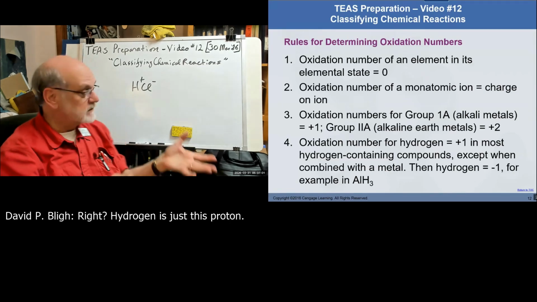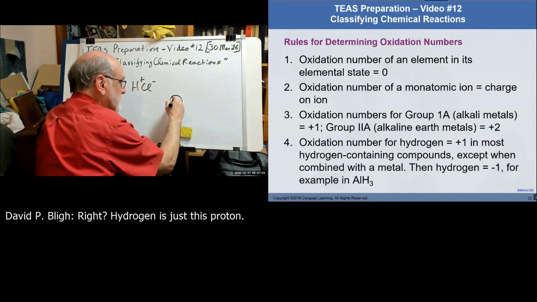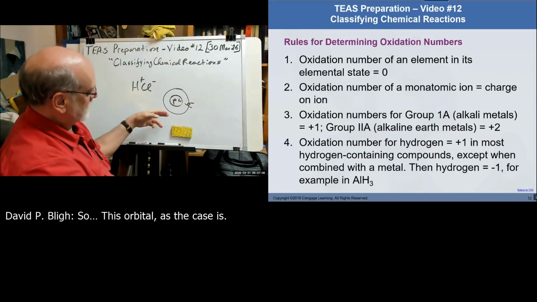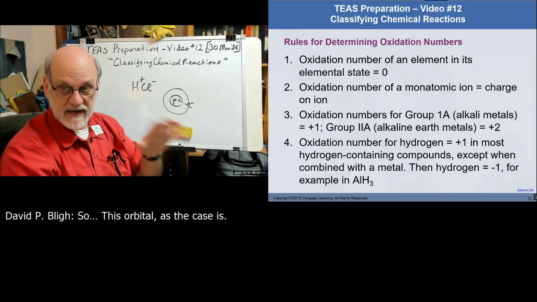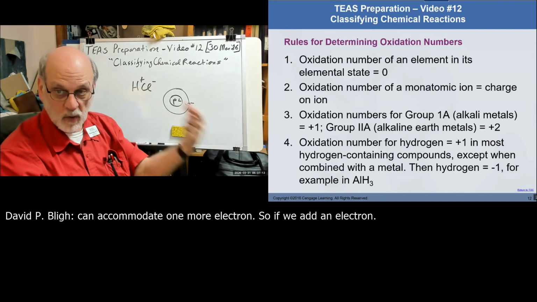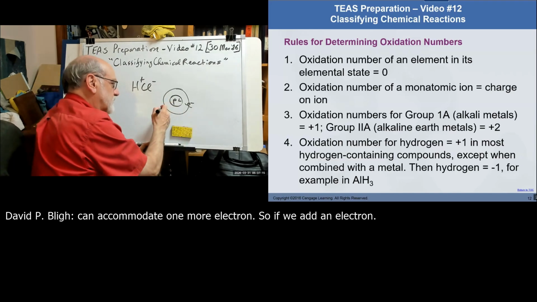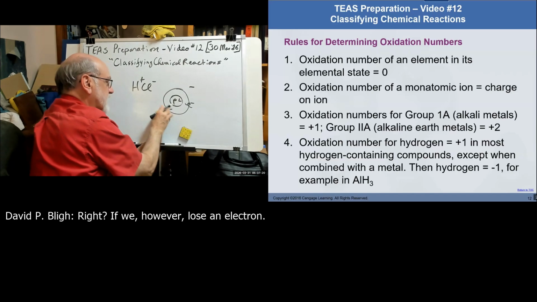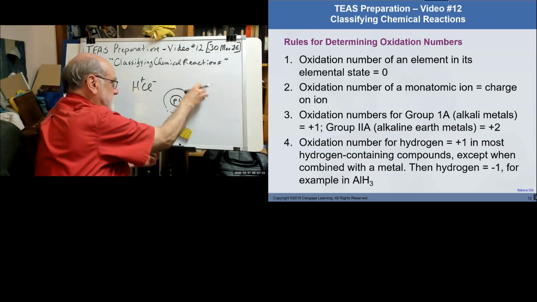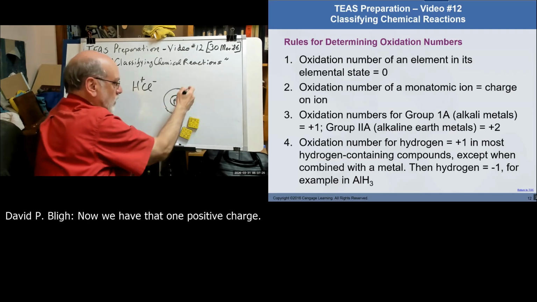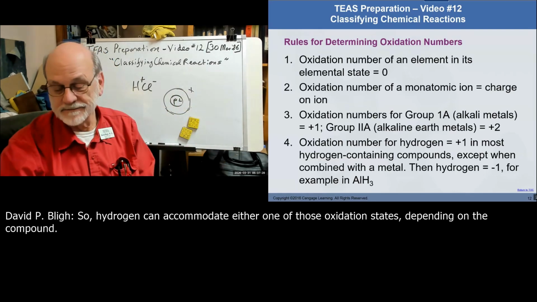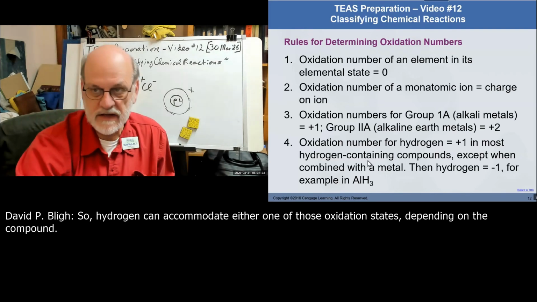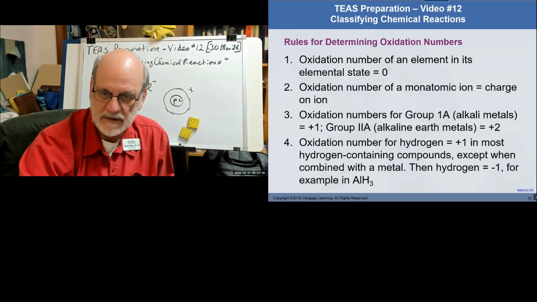And that's fine, right? Hydrogen is just this proton, and then it has 1 electron. So this orbital, as the case is, can accommodate 1 more electron. So if we add an electron, we have an excess negative charge. Right? If we, however, lose an electron, now we have that 1 positive charge. Okay? So hydrogen can accommodate either one of those oxidation states, depending on the compound.